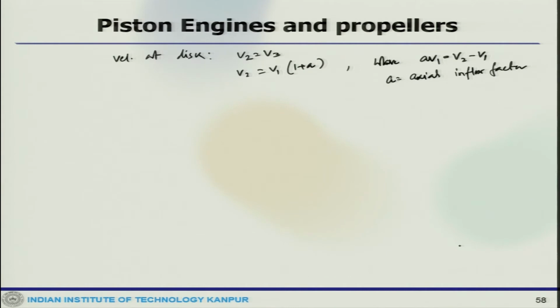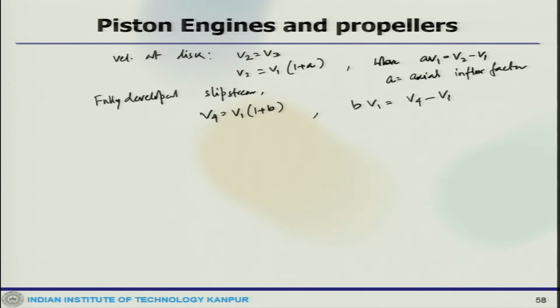Now if we have a fully developed slipstream, the velocity V4 is V1 times (1 plus b), where b V1 equals V4 minus V1.